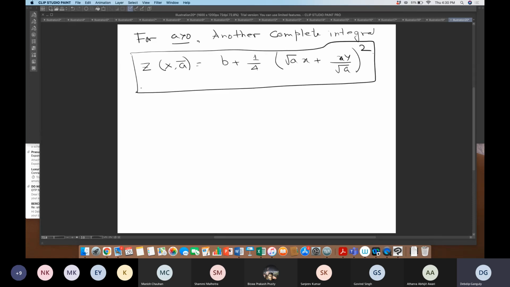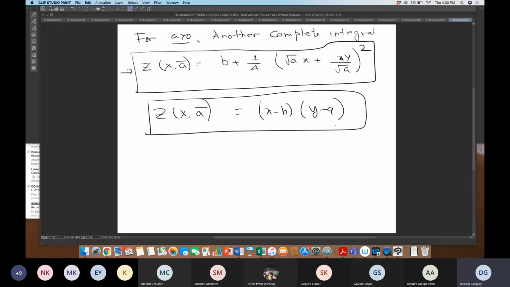So this is one complete integral. Another complete integral we have computed is with X minus B, Y minus A. Of course, this holds for all A, B in R, but this holds only for A positive. So for A positive, we have another solution, right? Agreed? Both are complete integrals, you can say.